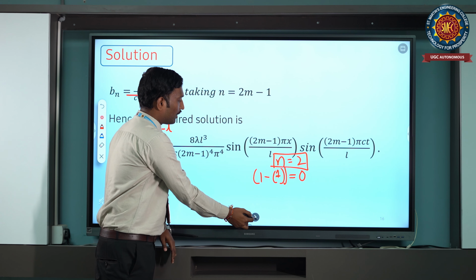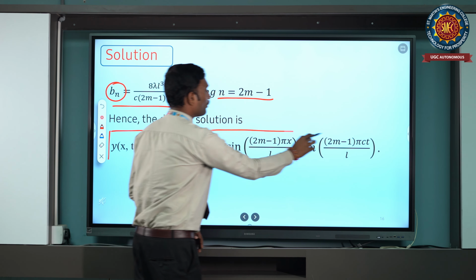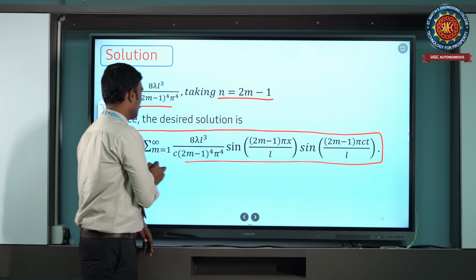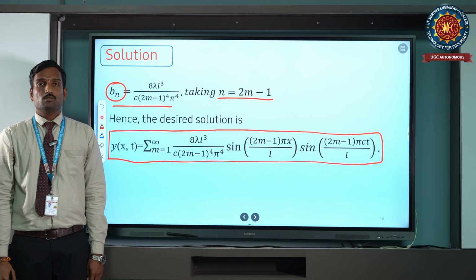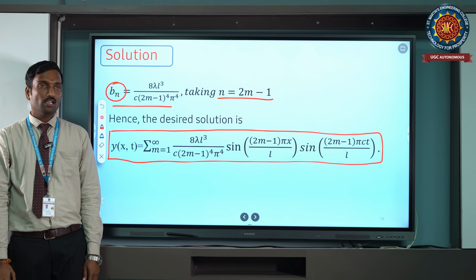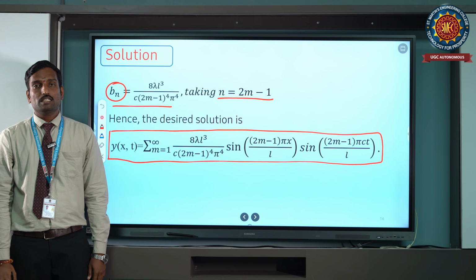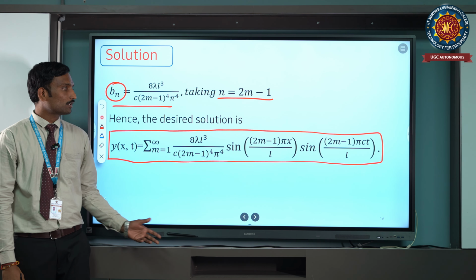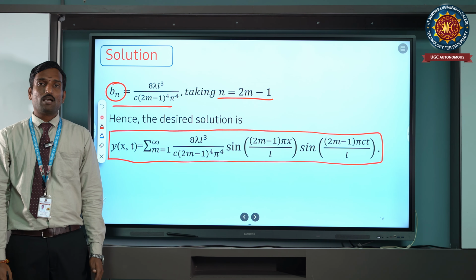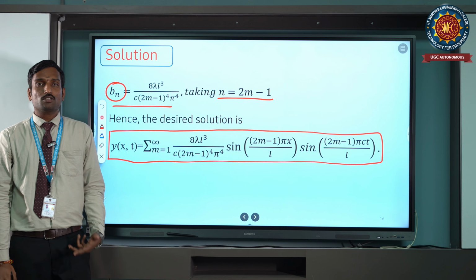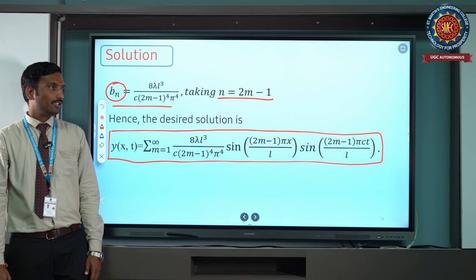Here, after applying the condition, the solution is obtained as an infinite sum of all the possible solutions for the equation, for m equals 1 to infinity. The usage of this variable separable solution is to convert into sinusoidal modes, which is useful to visualize the equation and how the amplitude, frequency and propagation speed of the wave change.